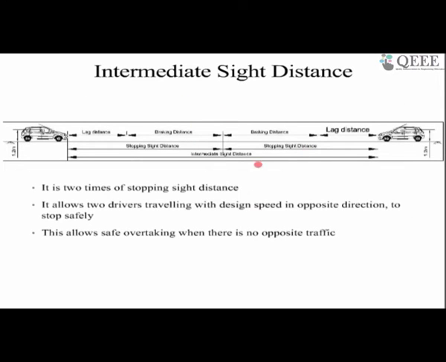Next is the intermediate sight distance. Generally we say it is 2 times the stopping sight distance. We have a road category called the intermediate roadway, which is 5.5 meters in width, and we expect vehicles can come from both directions, and when they come close to each other they just slow down and manage to pass each other, going a little onto the shoulder if required, and then go back to their original speed.